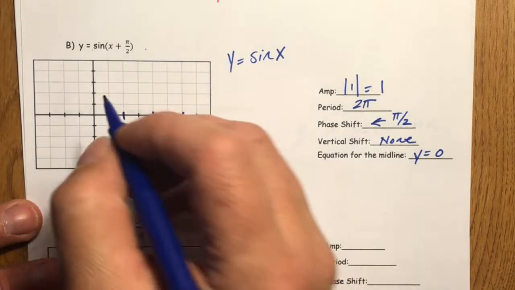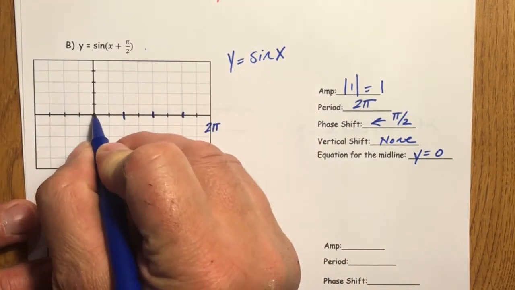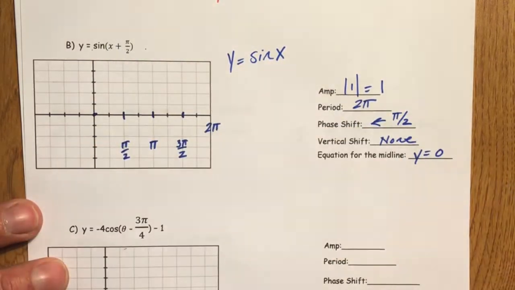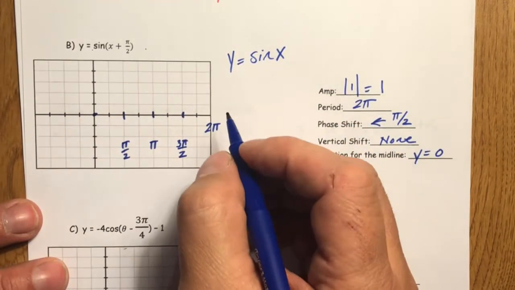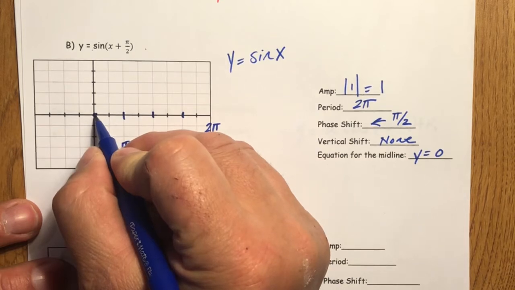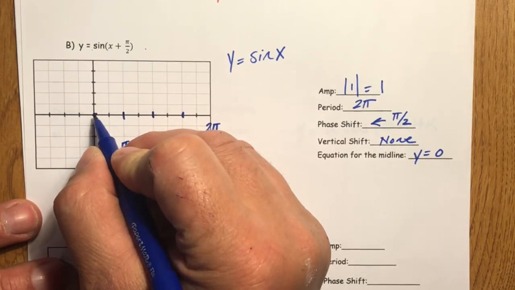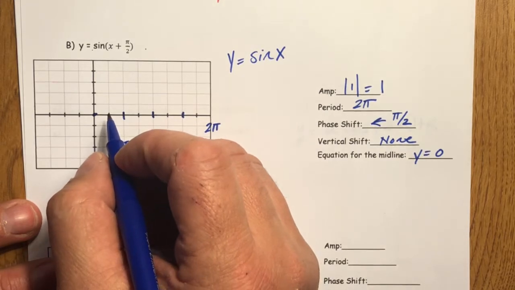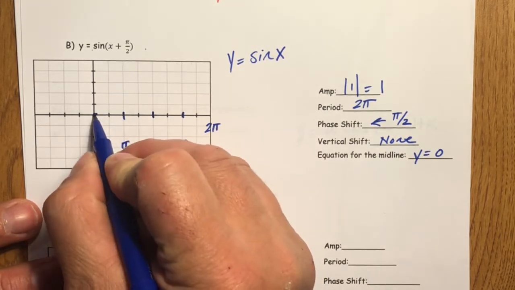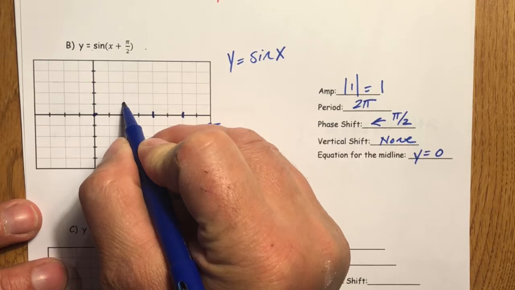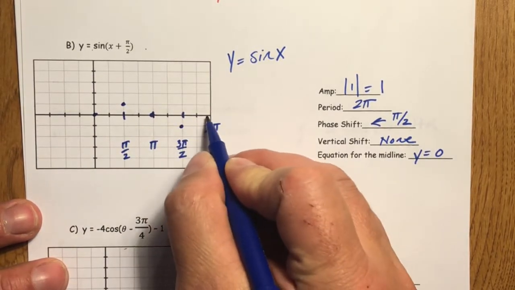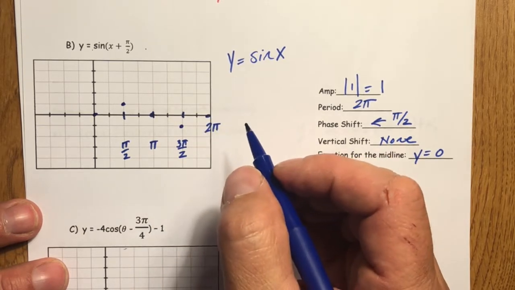Remember, sine means we start at the 0 here, and we're going to go up. My amplitude is just 1. So we're going to go 0, max, 0, min, 0.